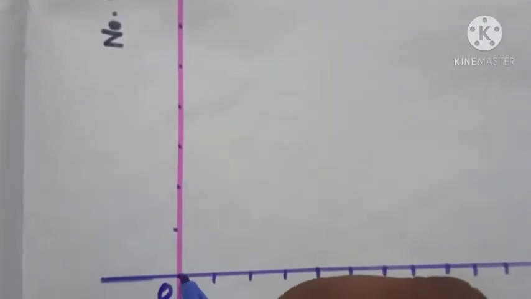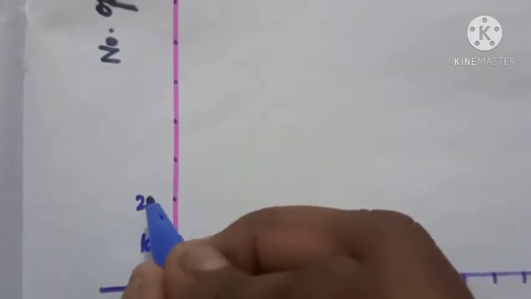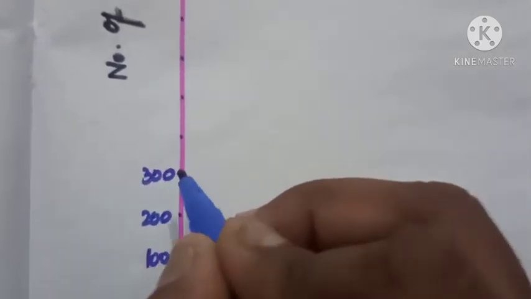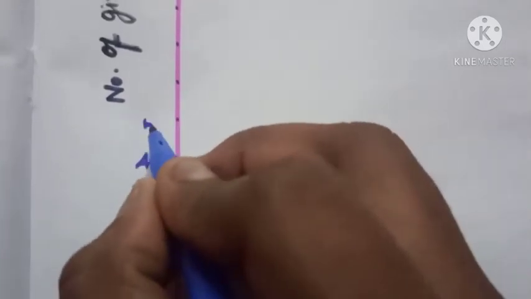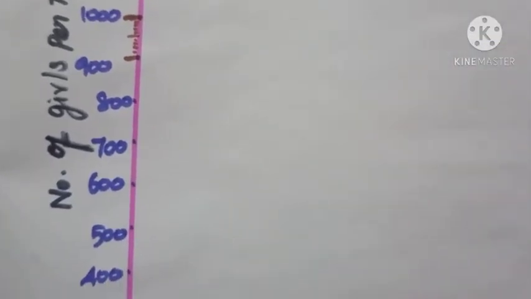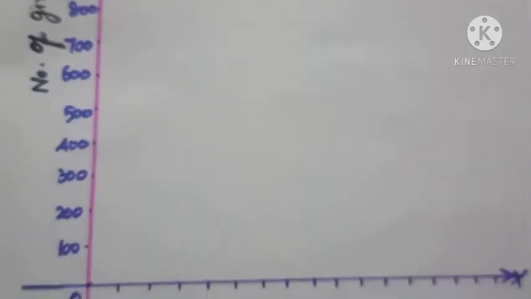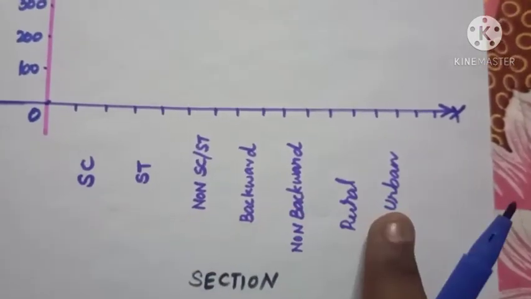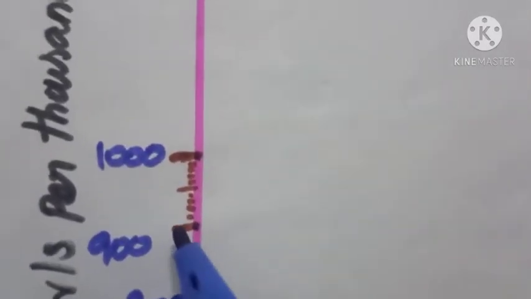So each unit I take as 100 girls: 100, 200, 300, 400, 500, 600, 700, 800, 900, 1000. Already from the given data, you know that each and every section of society is in between 900 and 1000.